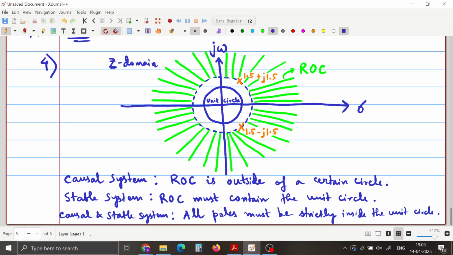If you combine all these conditions together, you can claim that all poles must be strictly inside the unit circle. Then only I'll be able to ensure that the ROC will not contain any of the poles, so that satisfies my valid ROC condition, and also the ROC will be outside of a certain circle, and also the ROC will be containing the unit circle. Okay, so it's like that.